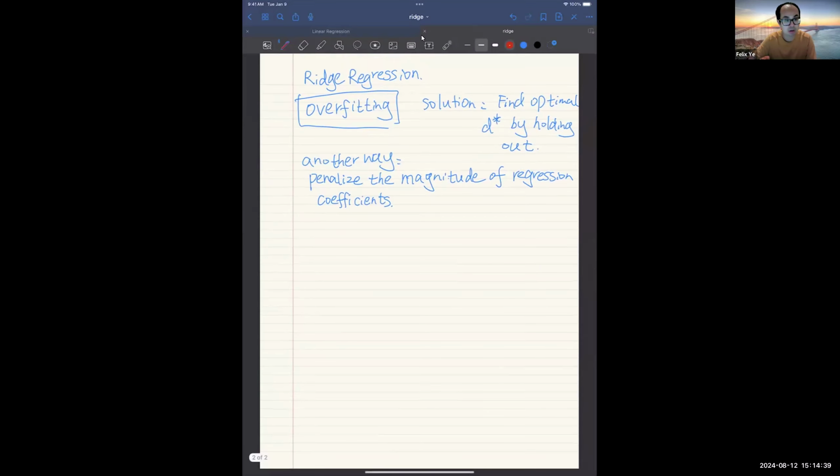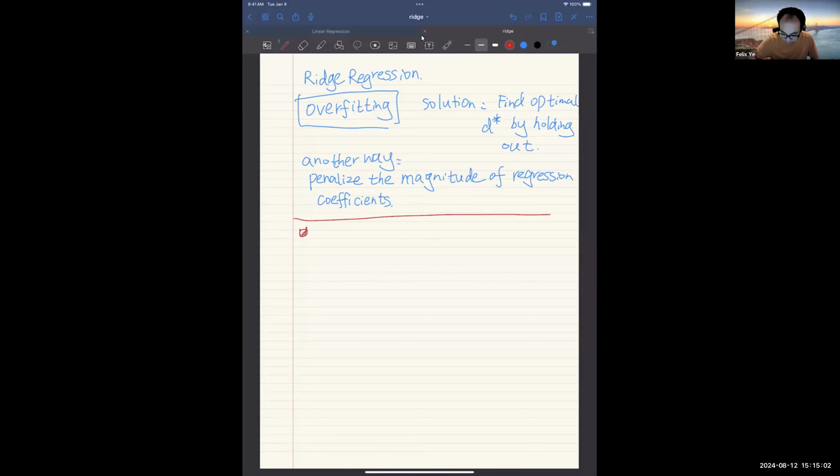So the whole idea is this. Previously we talked about how using the residual sum of squares is equivalent to the negative log likelihood, which is an MLE estimator.